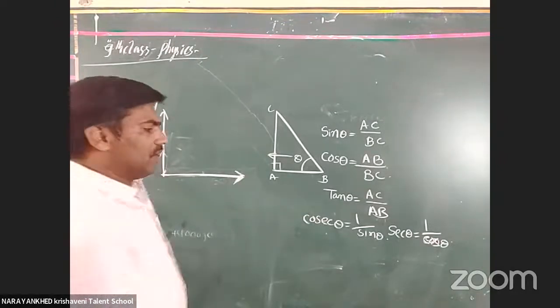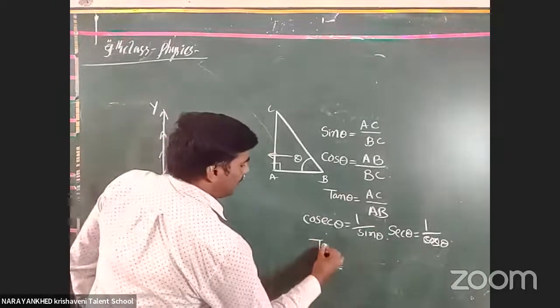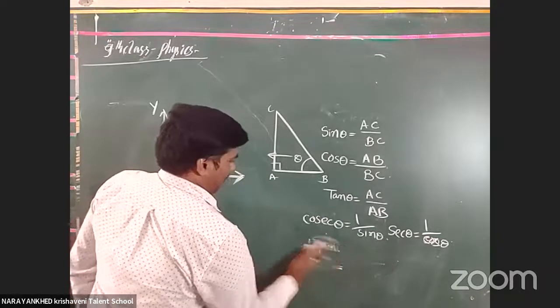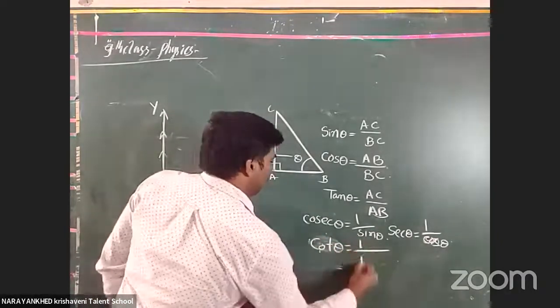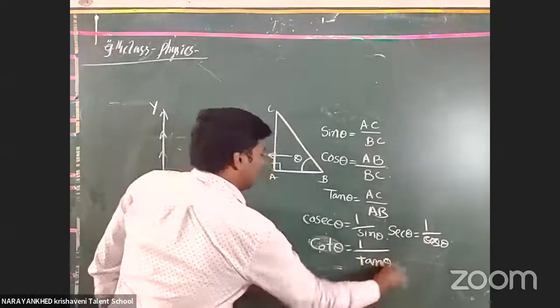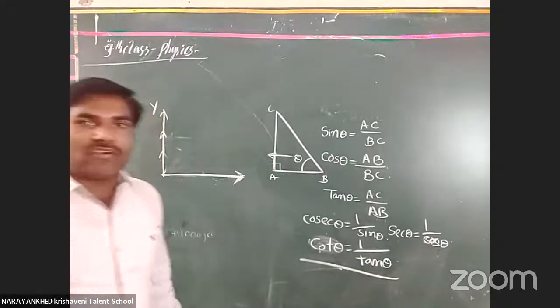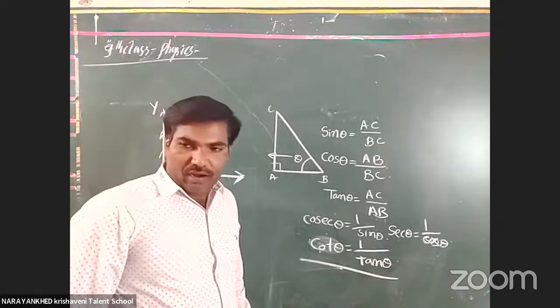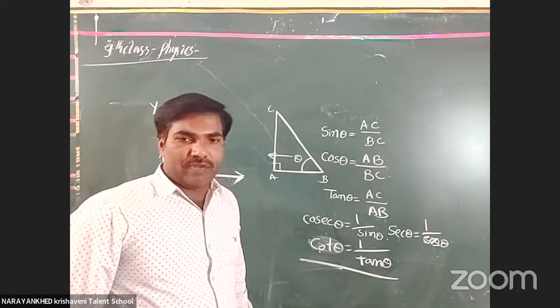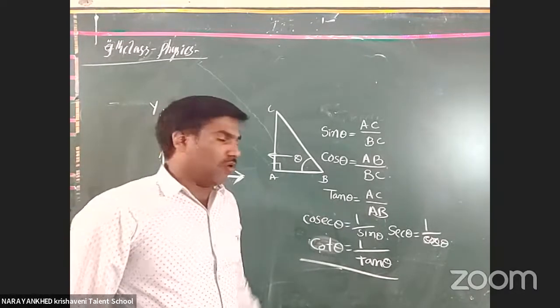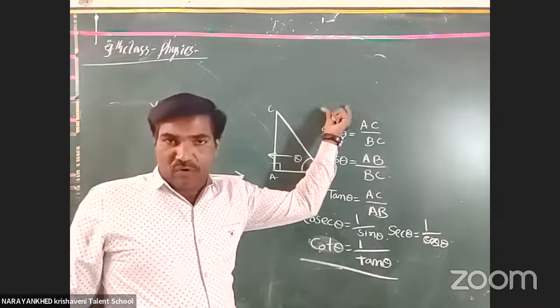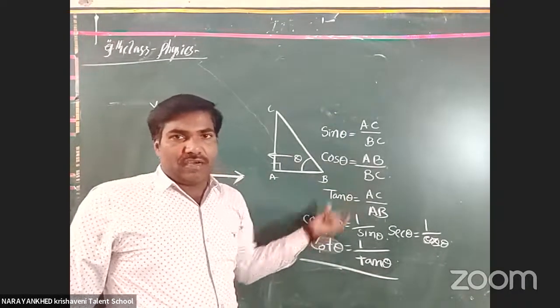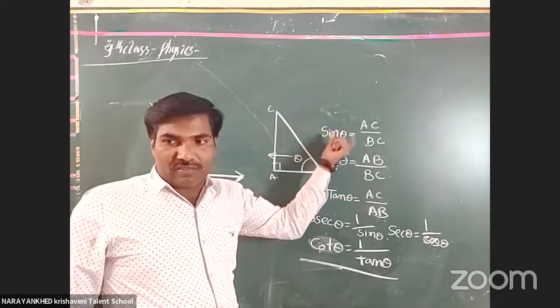And one more is cot theta, which is equal to 1 by tan theta. These are the trigonometrical functions used to explain all the triangles, whether in radian mode or otherwise.